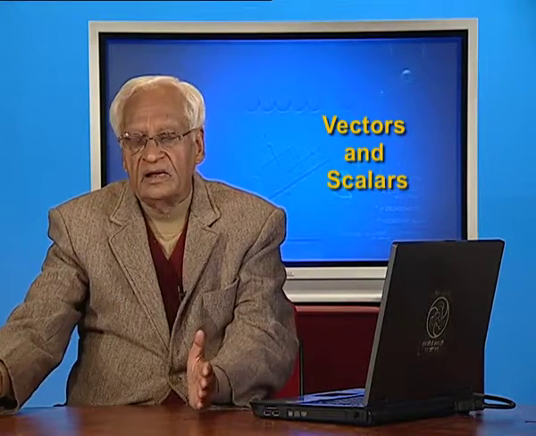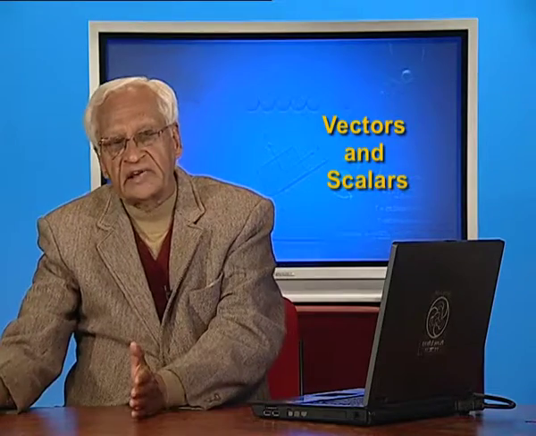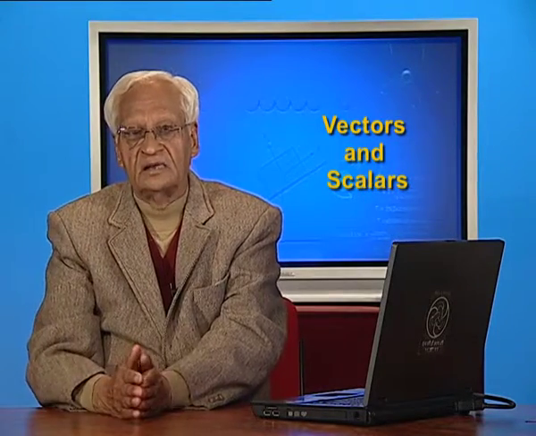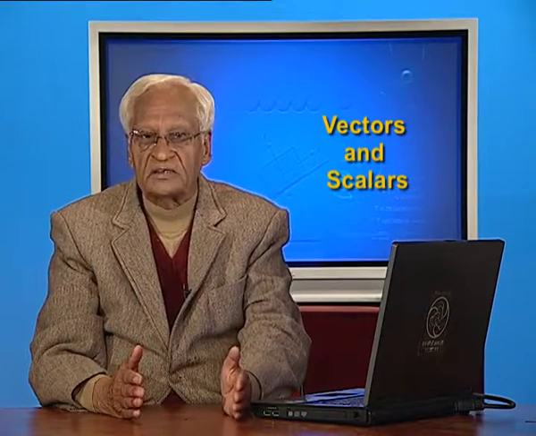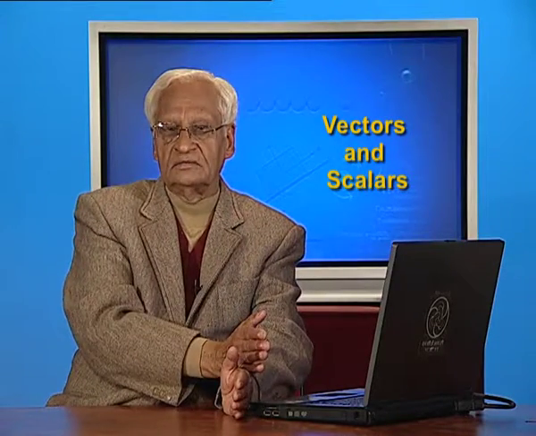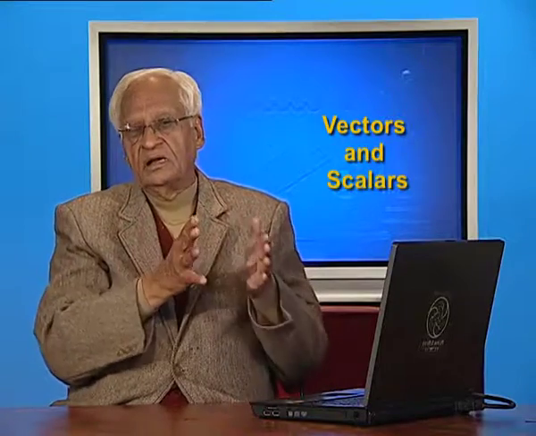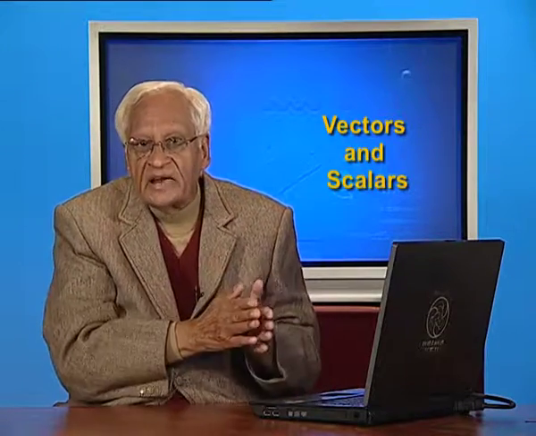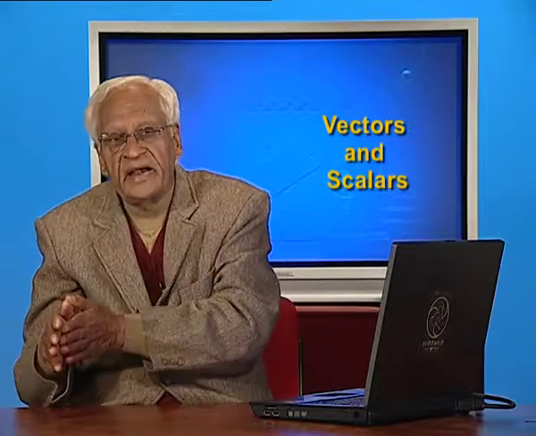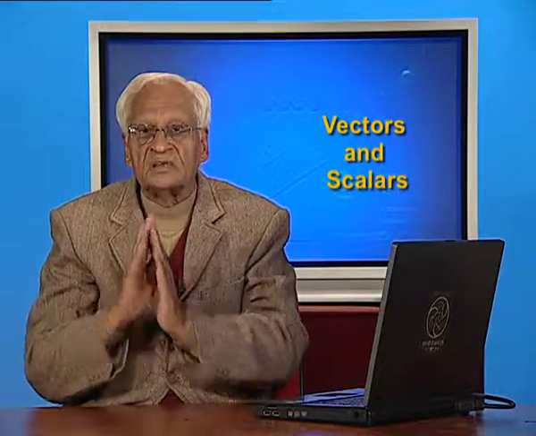If there are three terms on the right hand side, they must all be vectors, and the term on the left hand side should also be a vector. So, if you write an equation in which the left hand side is a vector and the right hand side is not a vector, then the equation is wrong.